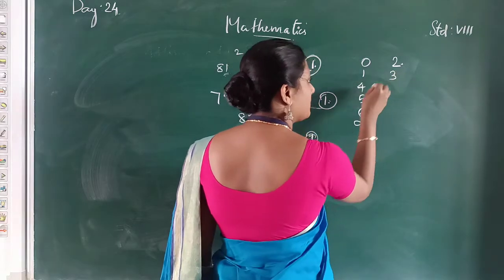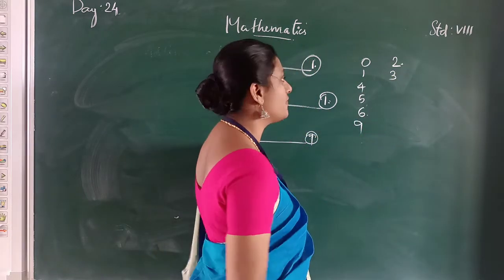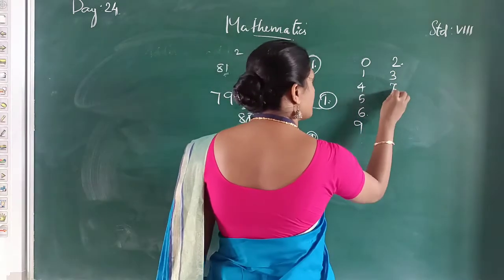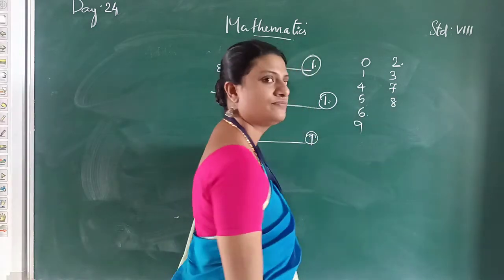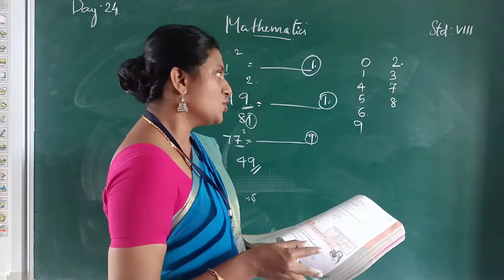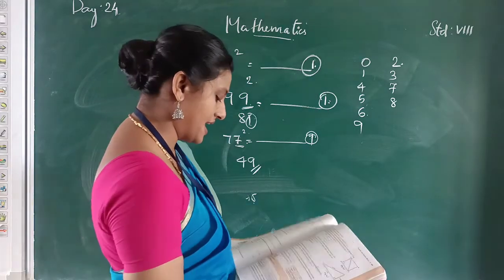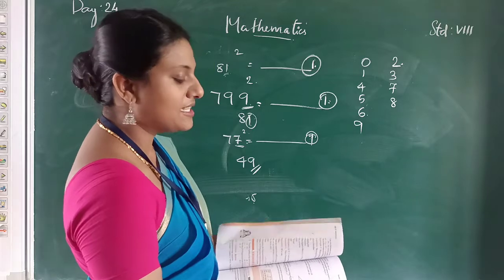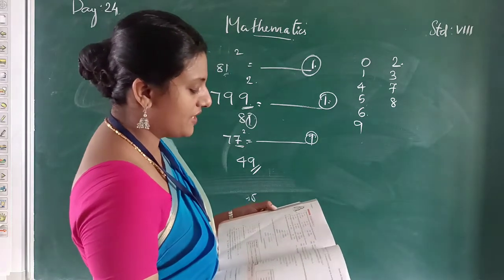Now, which digits come if it is not a perfect square? If 2 comes, it is not a perfect square. Also 3, 7, 8. Okay, so if the digit in the ones place is 2, 3, 7, or 8, then you can say that the number is not a perfect square.